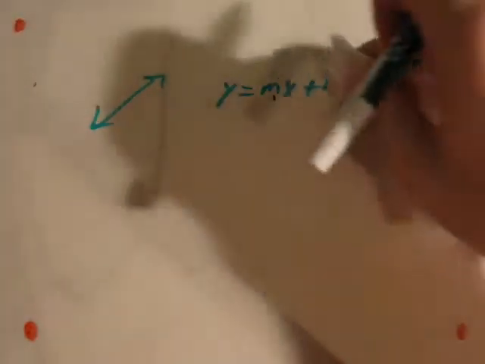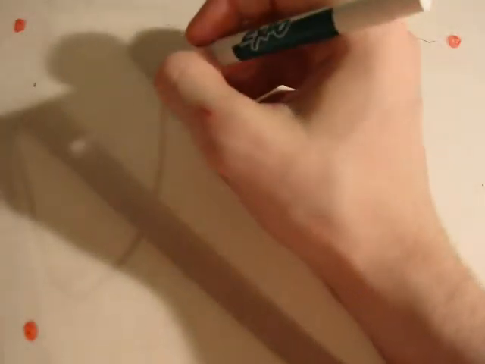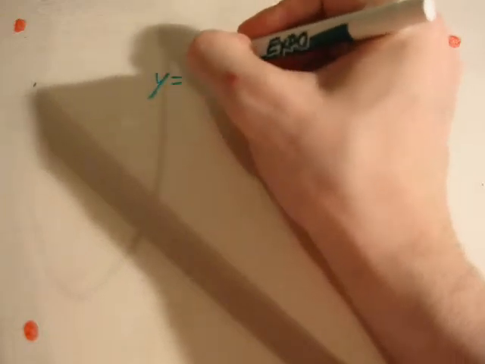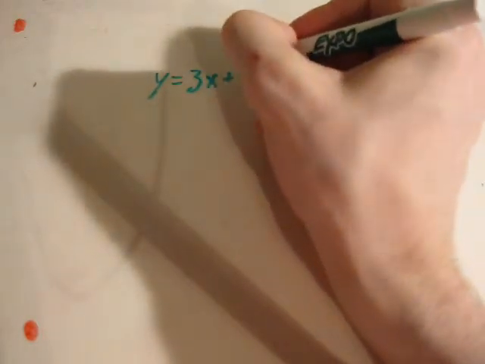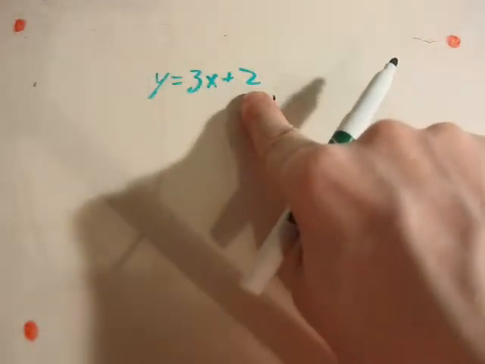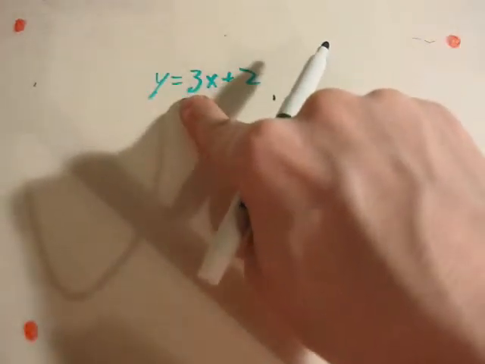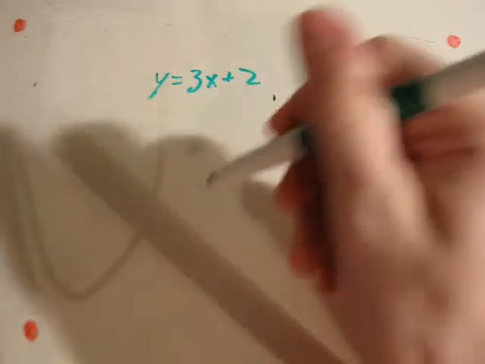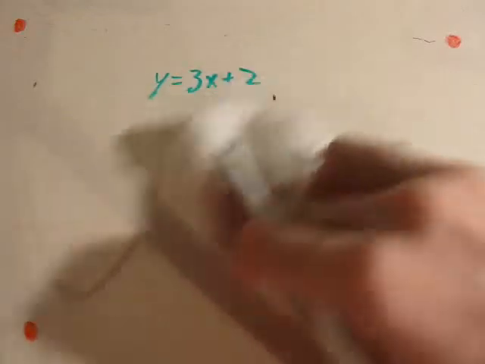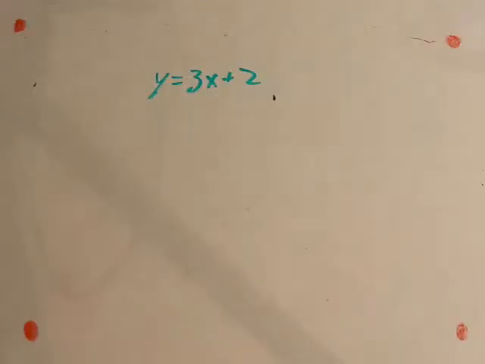Now, what do we use this for? Well, let's say we have a line, y equals 3x plus 2. That means it crosses the y-axis at 2, has a slope of 3, and since it's a positive 3, that means it is going to go up on the scale, and x is x.